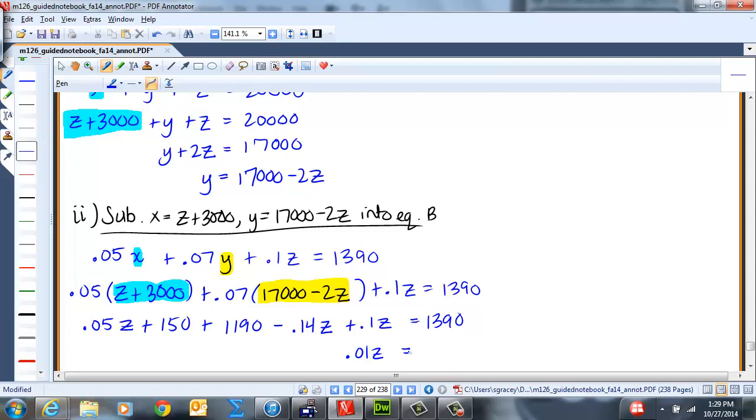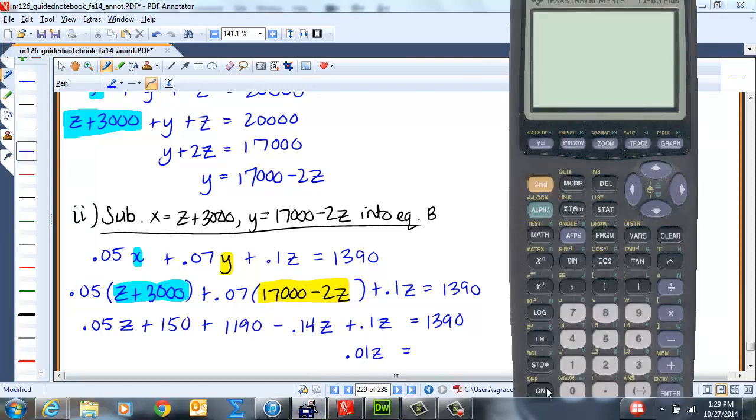And then we're going to be getting the constants to the other side. So let's double check the math: 0.05 plus 0.1 minus 0.14 is 0.01. We're good.